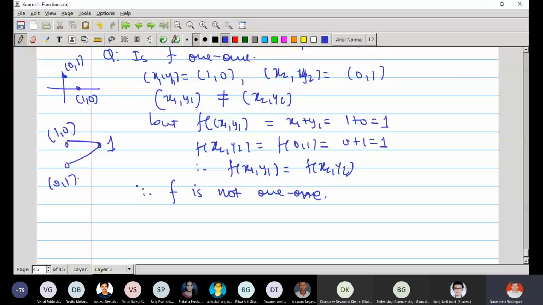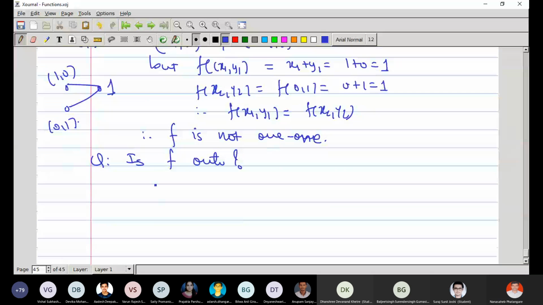But is it onto? See, our function is from R2 to R, and f of xy is x plus y.